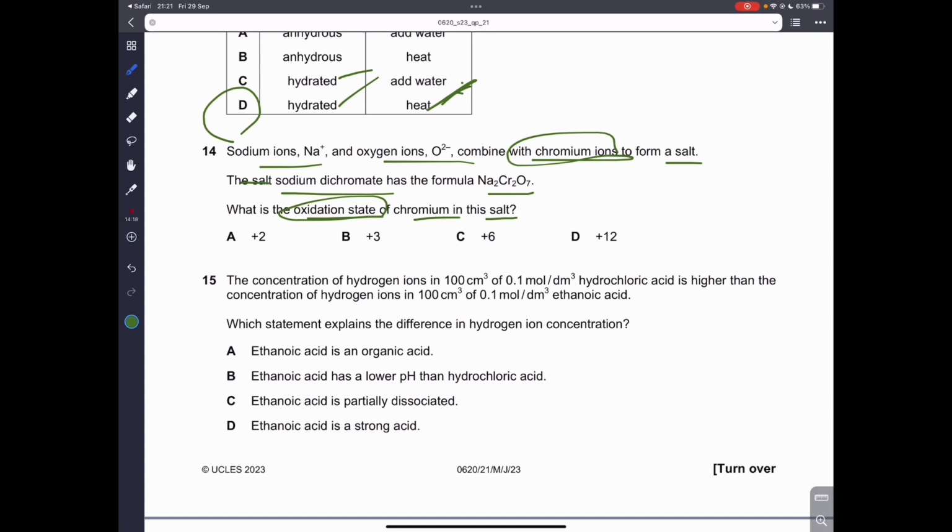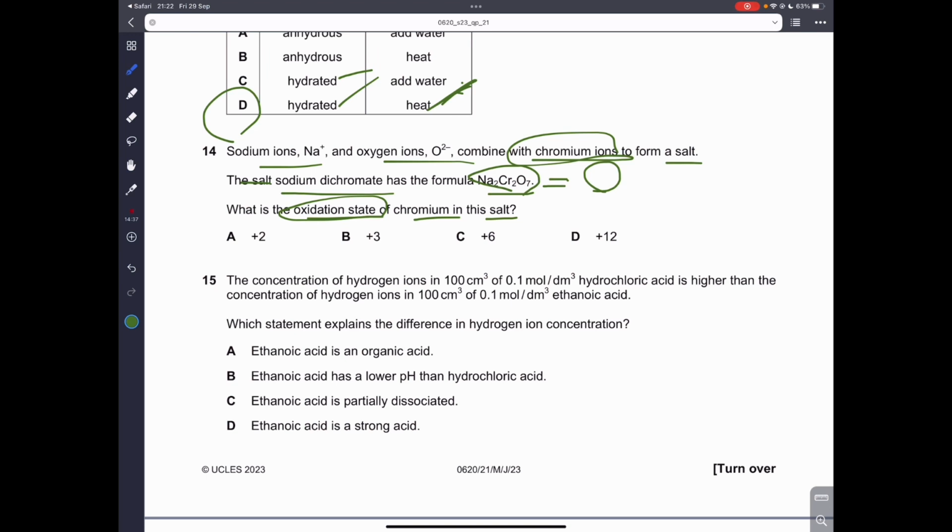Remember, for this whole salt the oxidation state has to be equal to 0 because it is neutrally charged. So sodium has a positive 1, right?